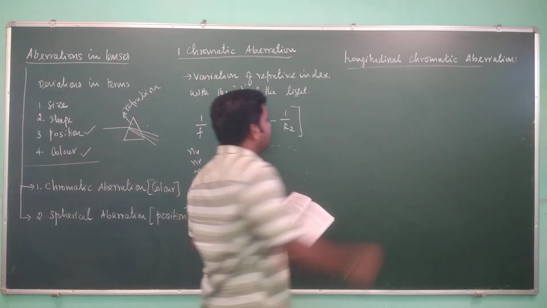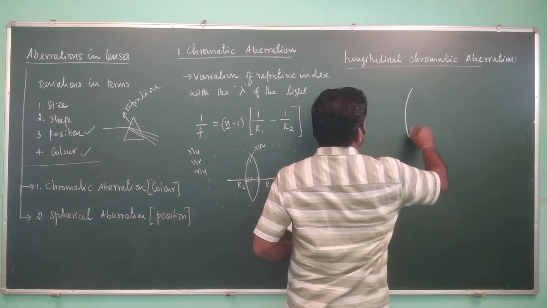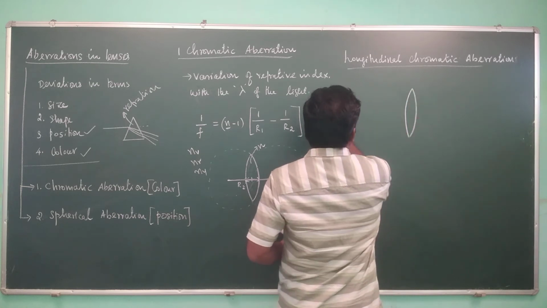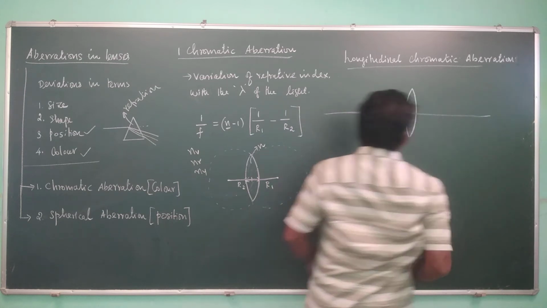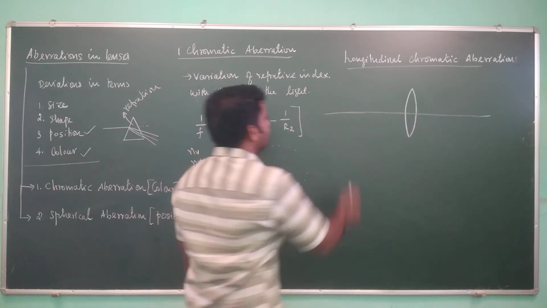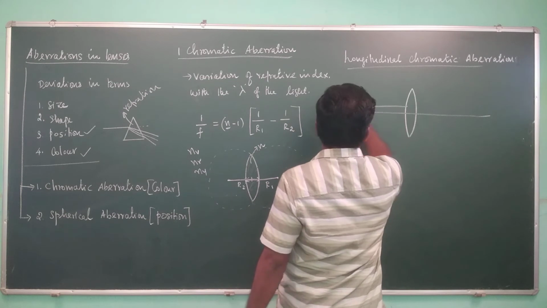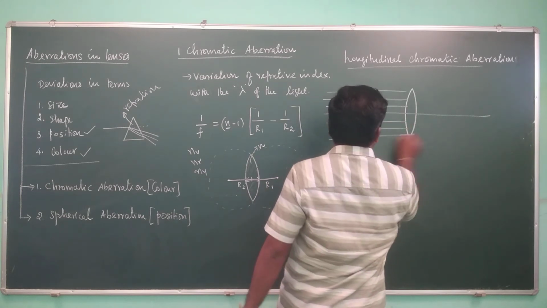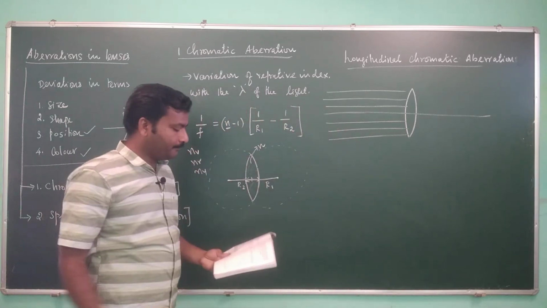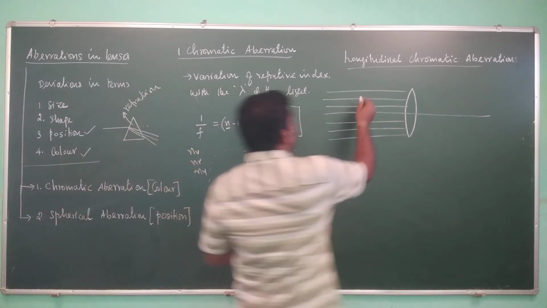First, let us consider a parallel beam of light, parallel to the principal axis, which comes from infinity, and it passes through the lens. And assume that this is white light.